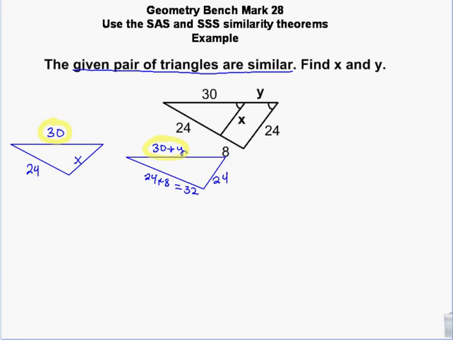And 30 plus y go together, 24 and 32 go together here, and x and 24 go together there. So 24 over 32 is equal to x over 24.